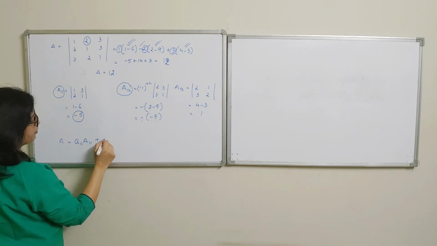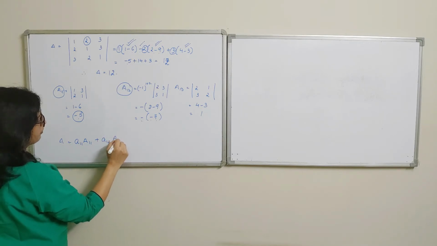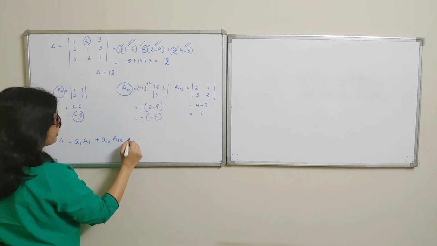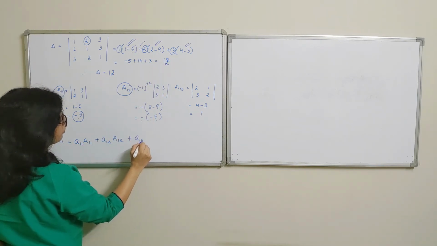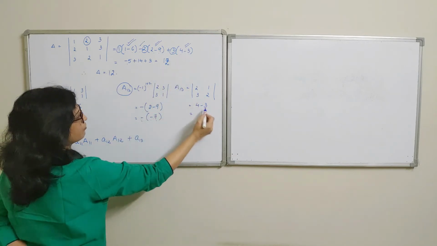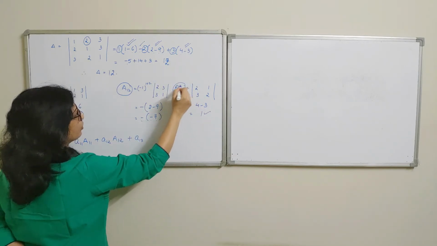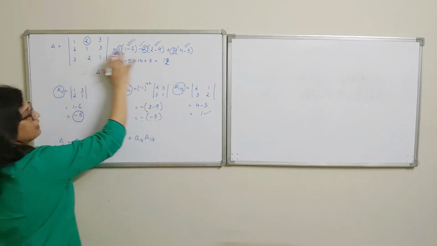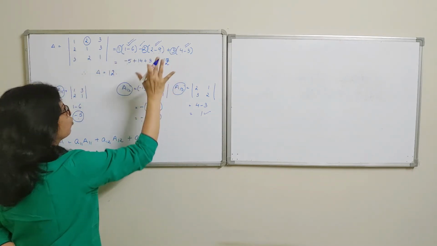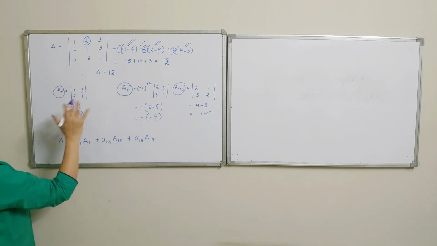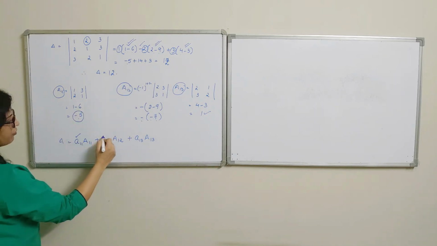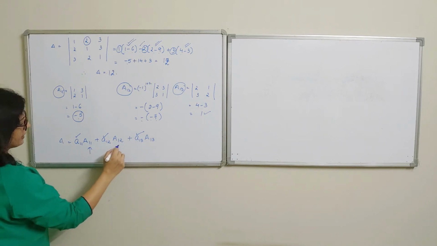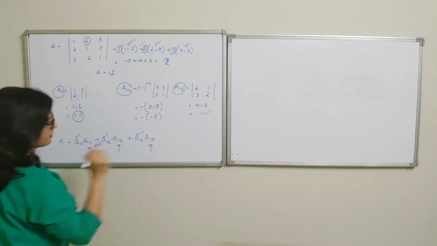So here the element is basically A12 multiplied by its cofactor. The next element of the row is A13, and 4 minus 3 is the cofactor of the corresponding element. So when we are finding the determinant here, if we are expanding along the first row, we multiply elements of the first row by their corresponding cofactors.